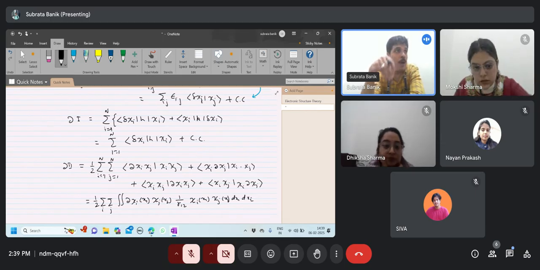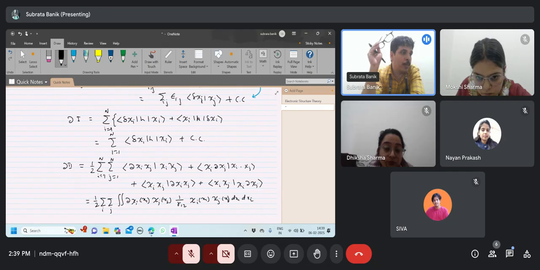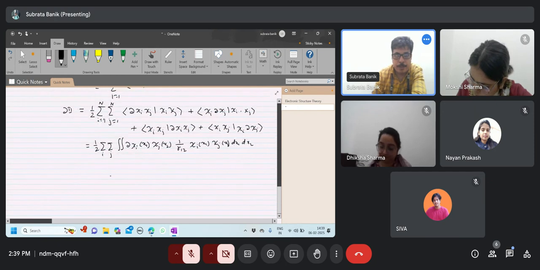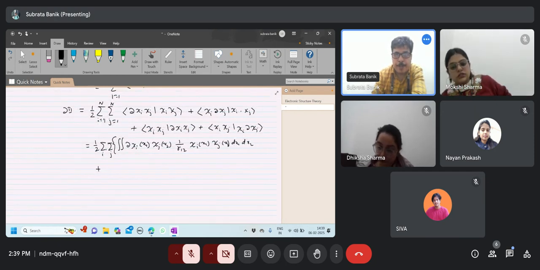As I said, all the notations are important. Whenever I write one notation, you should understand exactly what you are writing. Those notations must be in your head. So that is the first term. The second term you write as, I'll put one bracket here, because half is in the bracket and the sum is in the bracket.